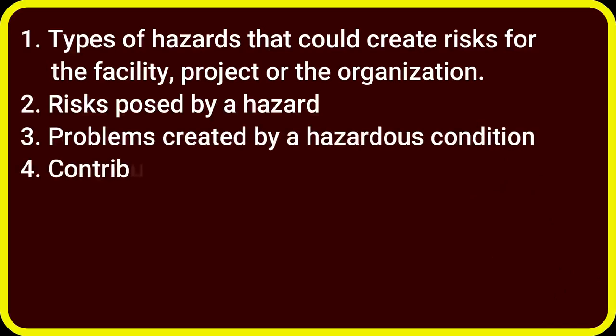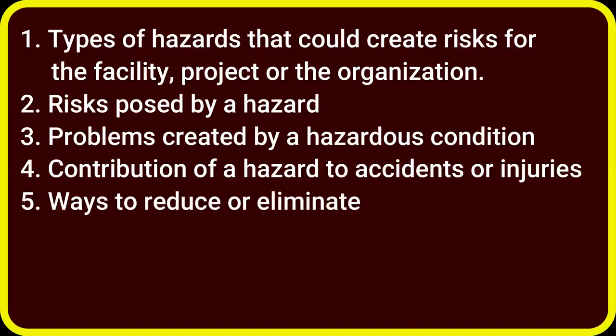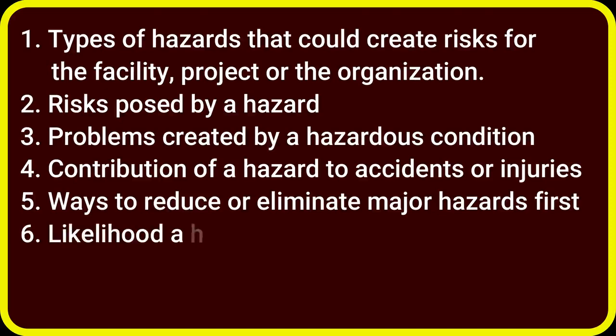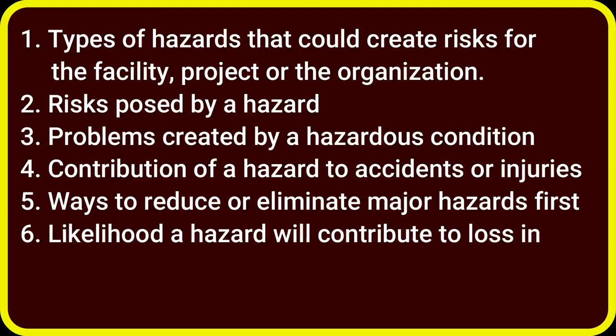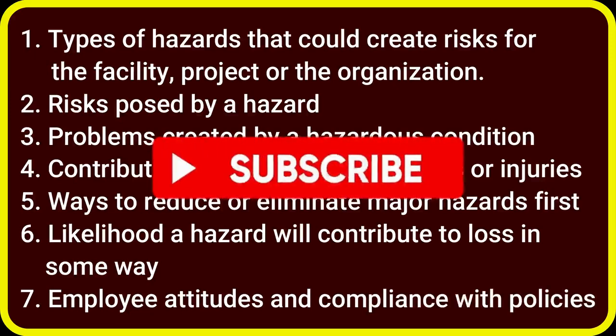Number 4, contribution of a hazard to accidents or injuries. Number 5, ways to reduce or eliminate major hazards first. Number 6, likelihood a hazard will contribute to loss in some way. Number 7, employee attitudes and compliance with policies.